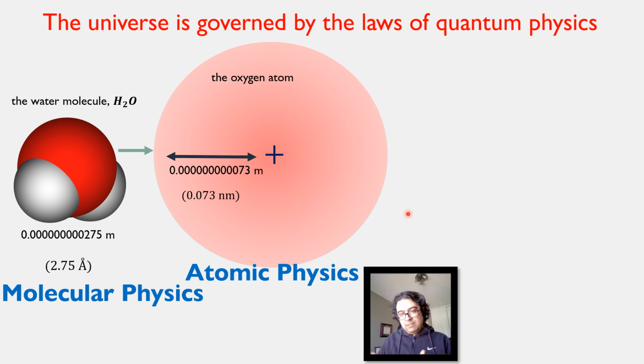But nowadays we know that we can even disintegrate atoms. But if I, for instance, look at the oxygen atom in the water molecule, I would find a fuzzy region here, which is what we call the electron cloud.